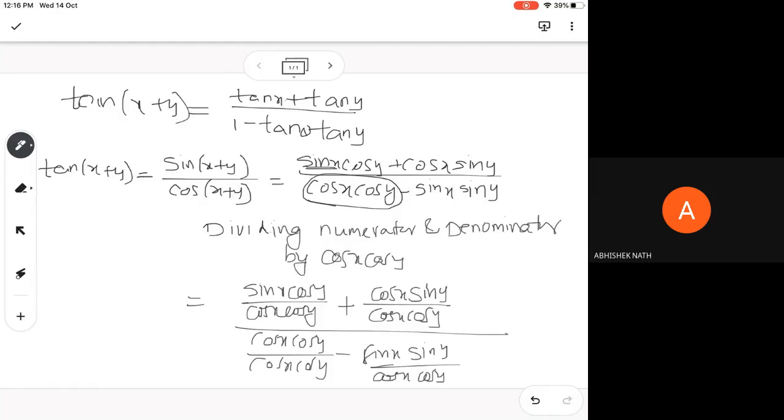So here cos y will get cancelled, here cos x will get cancelled, here it completely cancels.